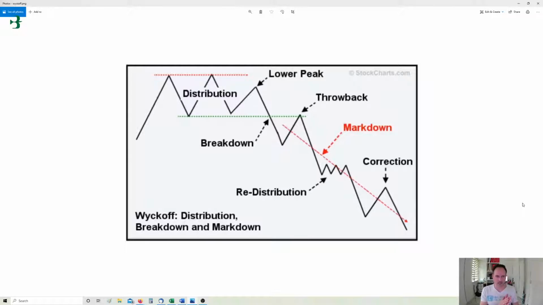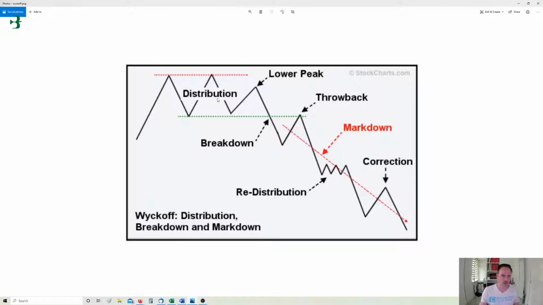So what you see here, you have a distribution phase at the top, which is what we've seen. Let's assume that this is the Wyckoff method that we're following and that we have seen the peak. That's basically the assumption that we make. I don't believe necessarily that is true, but let's assume for argument's sake that is the case.